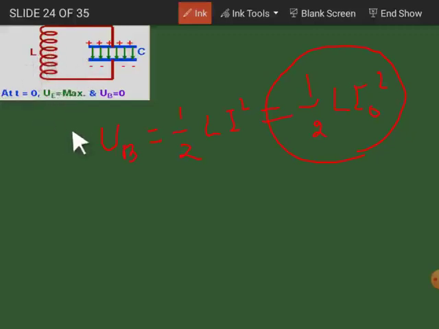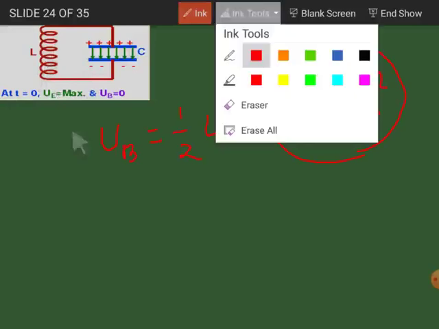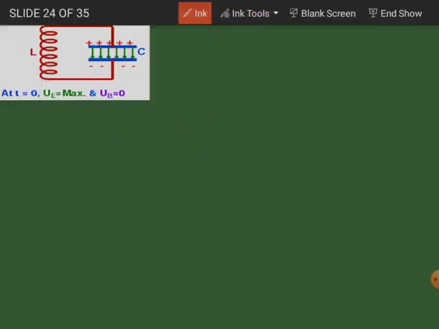In the first case, let's take it that the capacitor is fully charged, and after fully charging it, let it be connected to the inductor, and the circuit diagram will be like this. In this first case, the field energy in the capacitor will be maximum, and the magnetic field energy stored in the inductor will be zero at the very beginning.